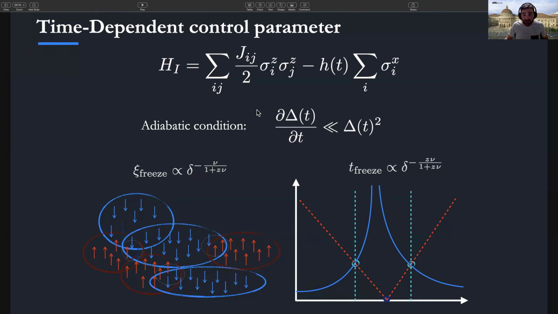Now, the adiabatic condition for this system is that as long as the derivative of this instantaneous gap is much smaller than the gap squared, then the system is adiabatic. Okay, and this is kind of intuitive in my opinion.